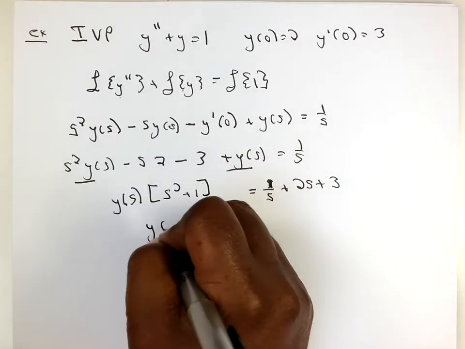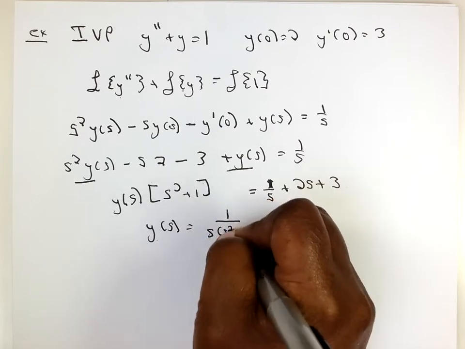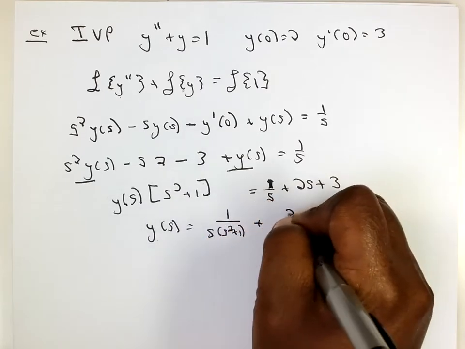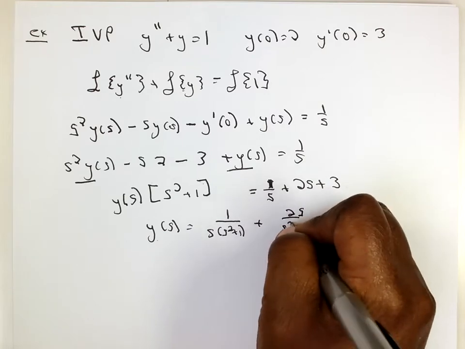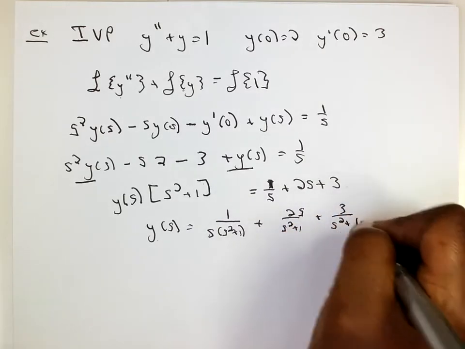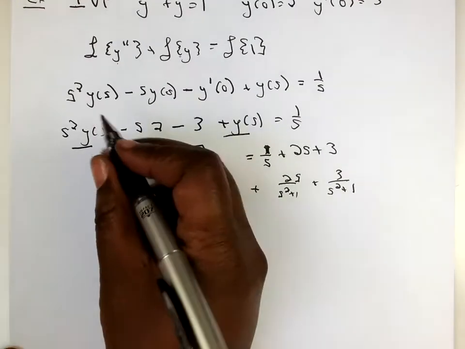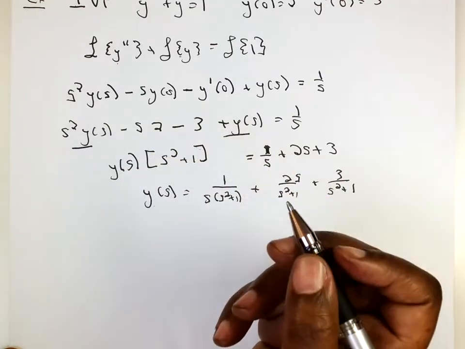So divide that out. I get 1 over s times s squared plus 1, plus 2s over s squared plus 1, plus 3 over s squared plus 1. So those are my terms, and now I can take the inverse Laplace of each.